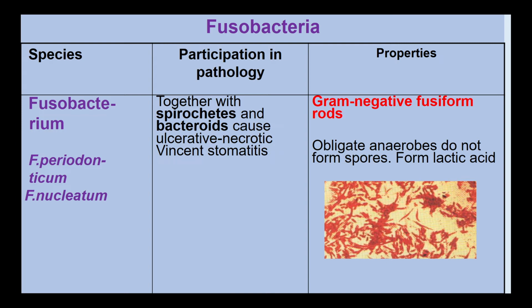Together with spirochetes and bacteroides, they can cause a not often seen but very difficult to treat disease, ulcerative necrotic Vincent stomatitis. Species: Fusobacterium periodonticum, Fusobacterium nucleatum.